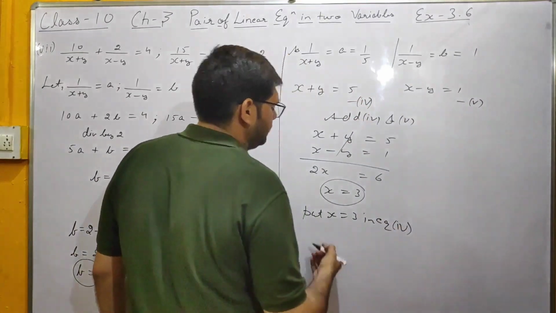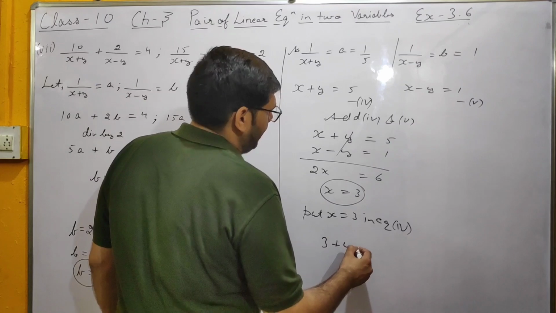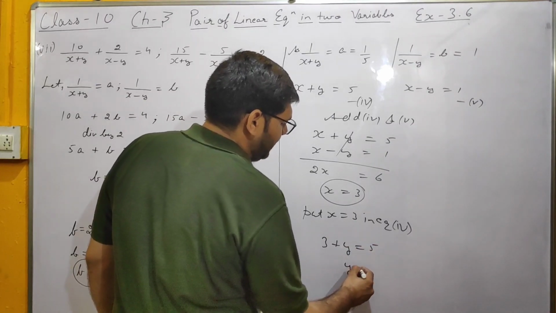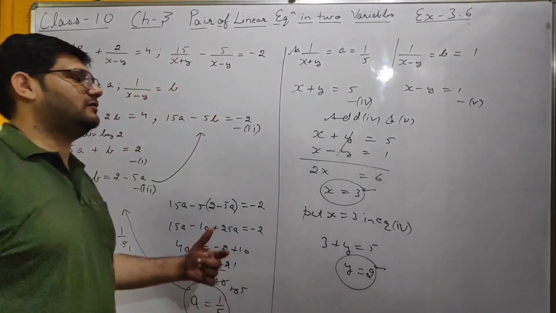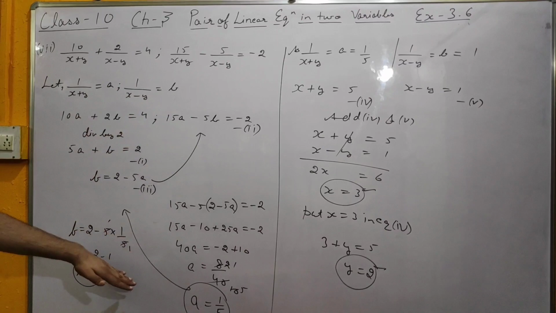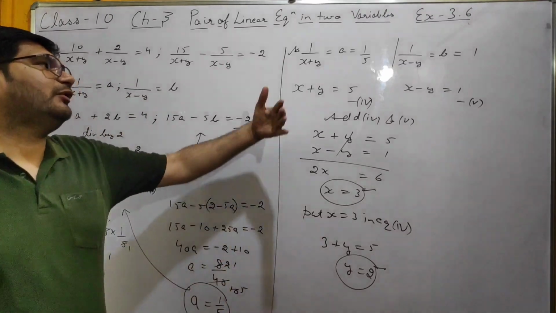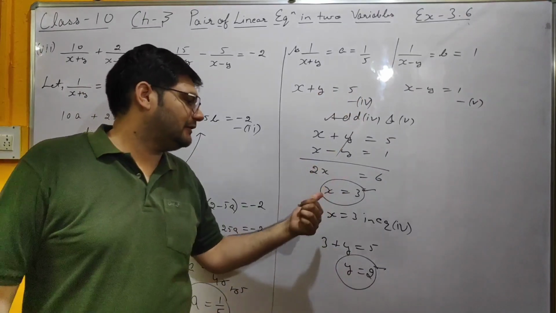Any of the equations you can put. So 3 plus y equals 5. y equals 2. So x is 3 and y is 2. So this was the question in double step. I mean, here also you have to solve and find out the value of a and b. And then after putting the values of a and b, again you are getting two equations. And then again you have to solve and then the answer will come.